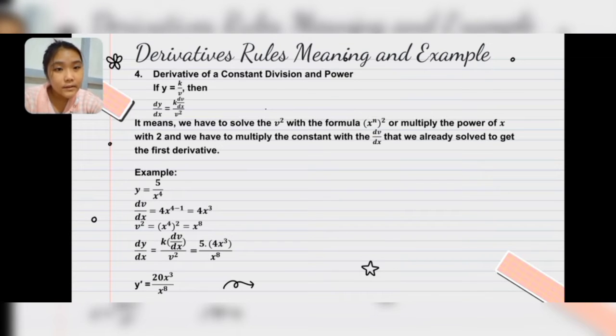The k is 5, so we type 5, and then multiply by 4x3, which is dv per dx 4x with 3 power, and then per v2, which is x with 8 power. And then the first derivative for the function y equals 5 per x with 4 power is 20x with 3 power per x with 8 power.